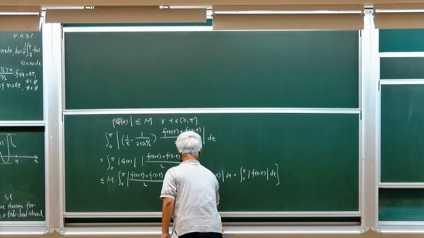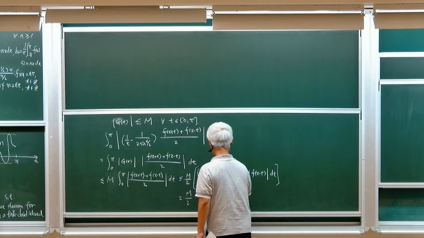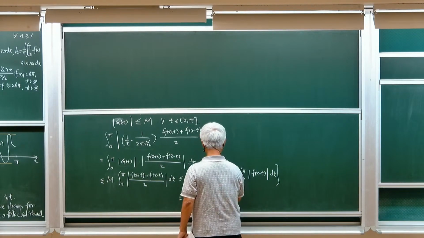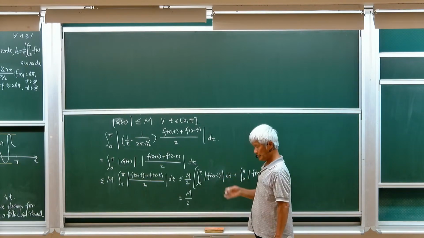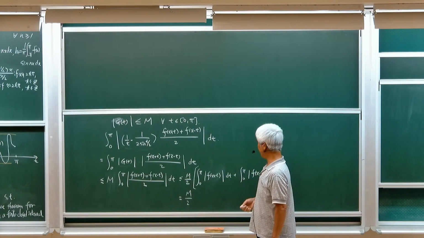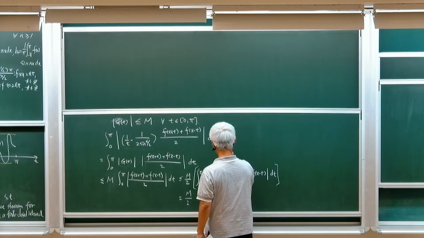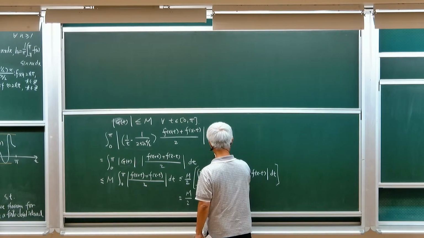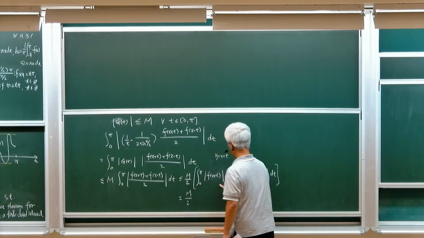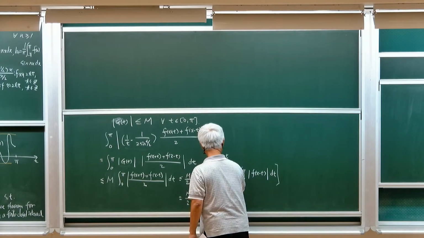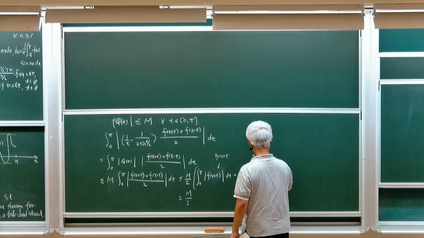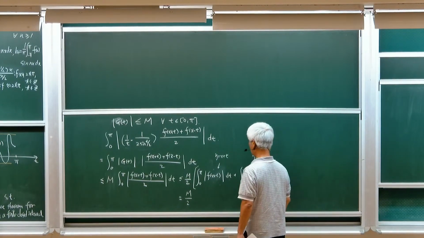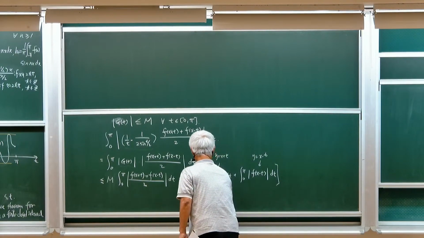This is 2 pi. First of all, we can do a change of variable. We can say y equals x plus t for this one, and y equals x minus t for this one.